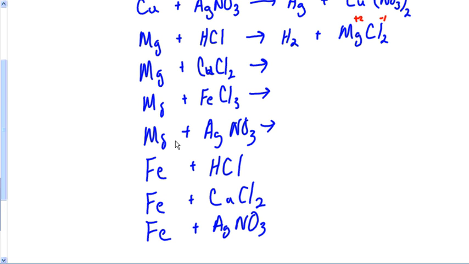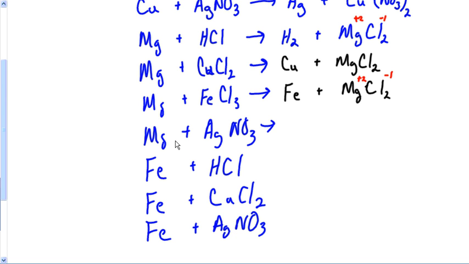See, this one would have been Cu plus MgCl2 again. The next one, now this one's going to be a little more neat. Fe plus Mg, and this is where people mess up. Mg is a plus 2. Cl is a minus 1. So this is still MgCl2.